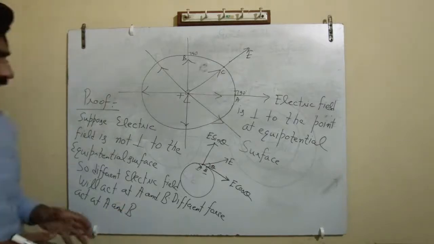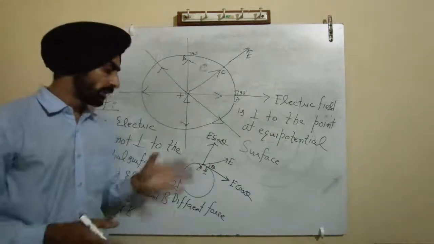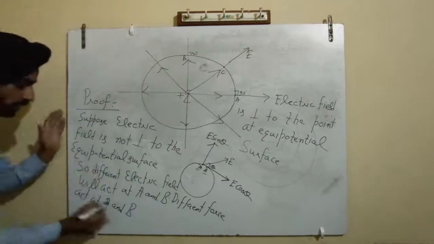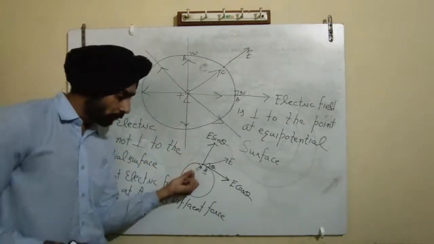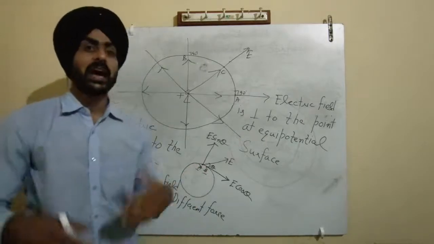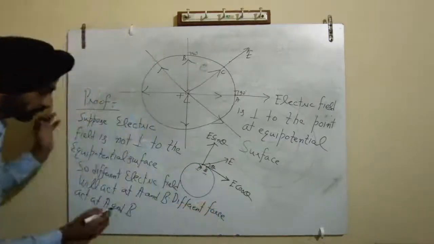If force is different, we will have to do different work. Suppose I have a test charge and I want to bring it from A to B, that means I have to do some work.